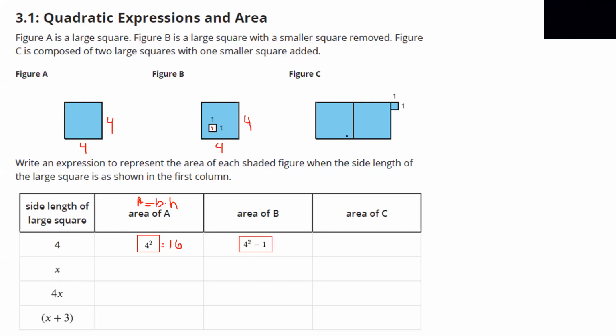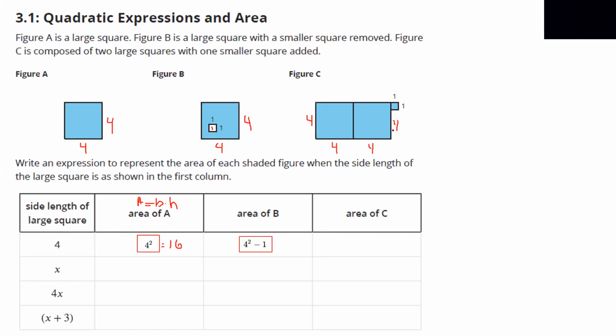Now the area of this figure. We know that this square has a side length of 4, and this side length is 4, and this side length is 4. If I wanted to find the area of just this piece of the figure, it would be 4 squared.